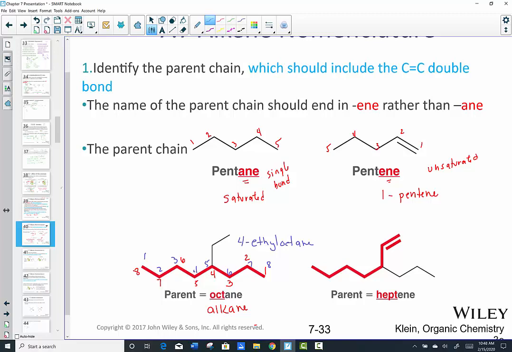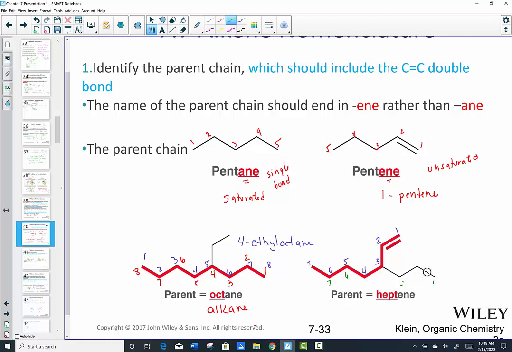Now let's look at the alkene. I notice now that I had created a double bond between carbon 1 and 2, and I must make that my parent chain. The parent chain has to contain the double bond, even though if I number in this direction, I can find a longer carbon chain. 8 is certainly longer than 7, but the green numbering system did not include the double bond, so it is not correct.